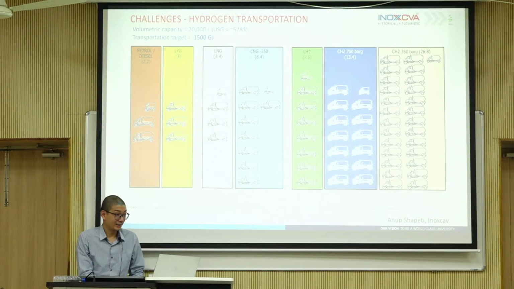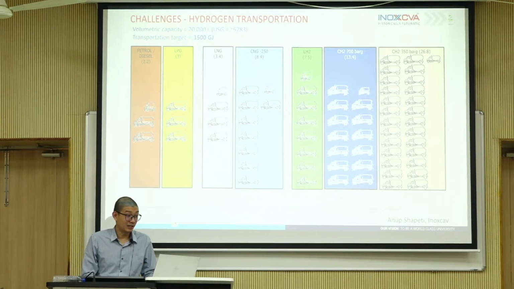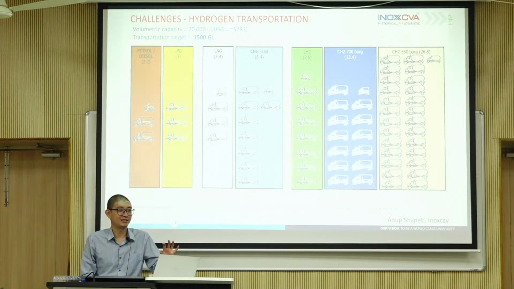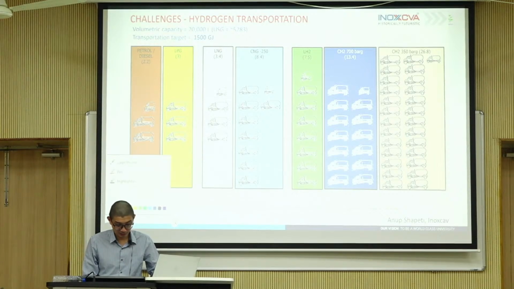In order to transport 1500 gigajoule of energy, if it is in the form of petrol or diesel, you only need 2.2 trucks. For LPG, the same amount of energy needs 3. For liquid hydrogen, we need 7.5.